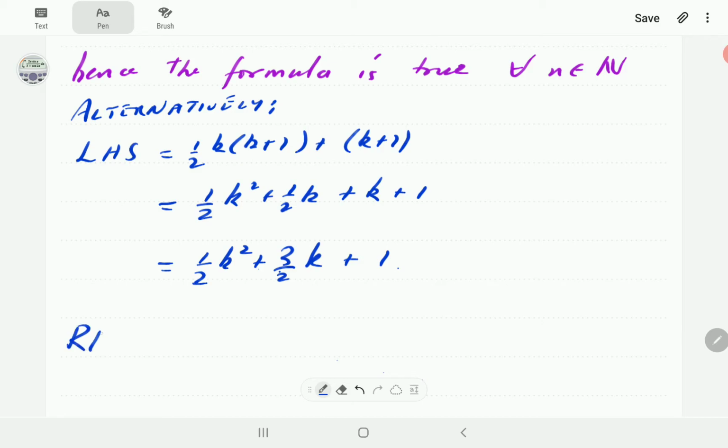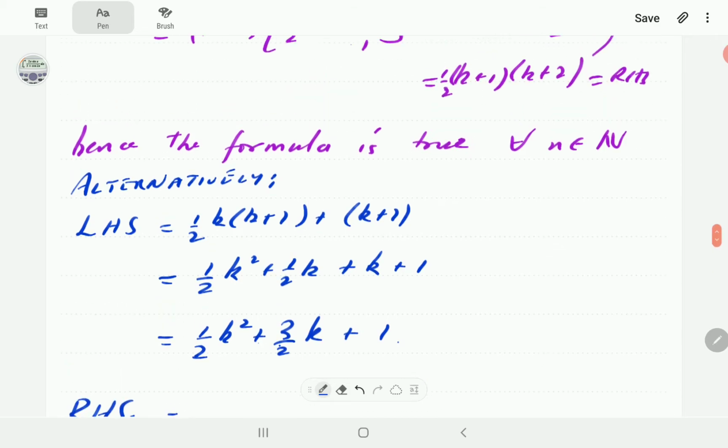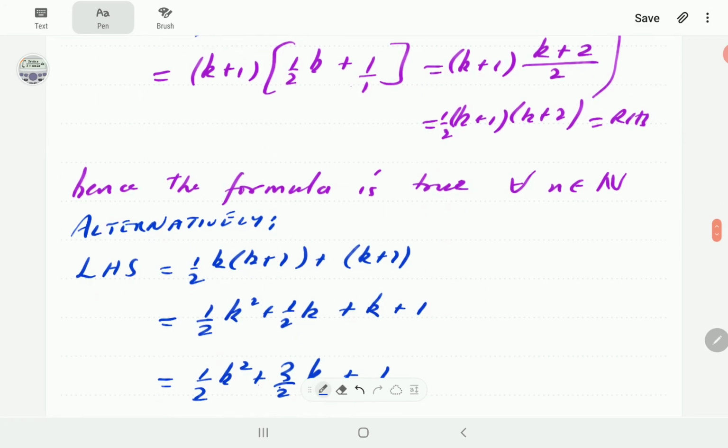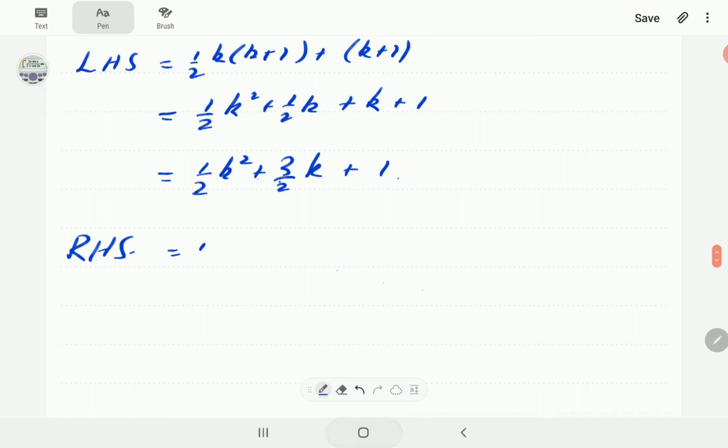Then we go to the right hand side. So remember that the right hand side is this one here, 1/2 k plus 1 k plus 2. So if we multiply out this by this, we're going to have k times k, which is k squared.